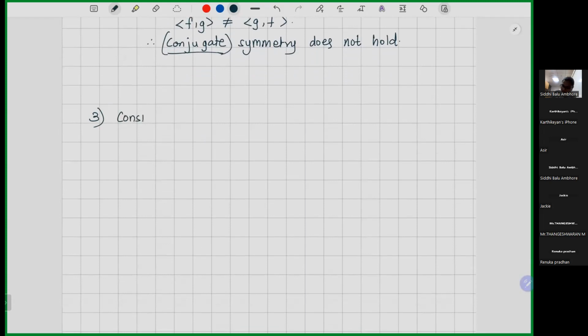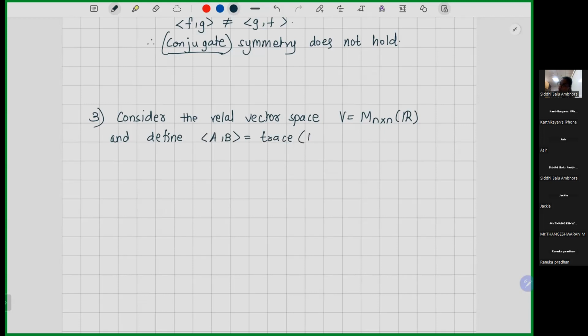Consider again a real vector space, V equal to M_n(R), the set of all n cross n real matrices, and we define A comma B to be the trace of B transpose A, where B^T is the transpose of B.